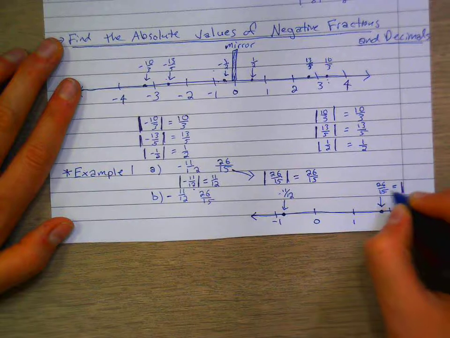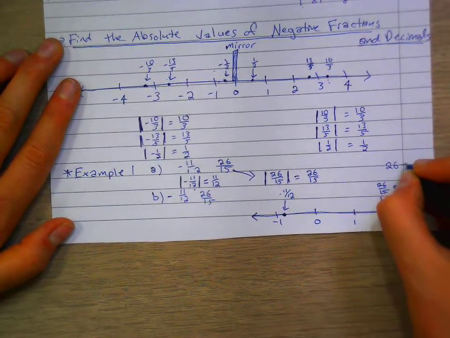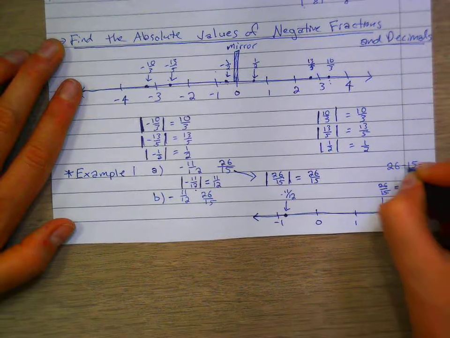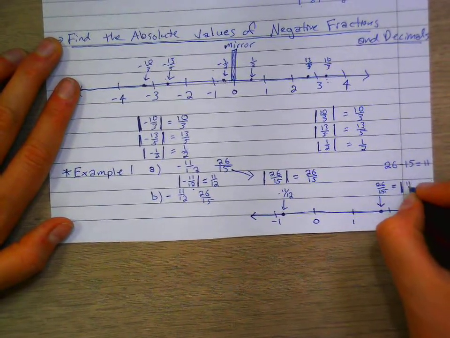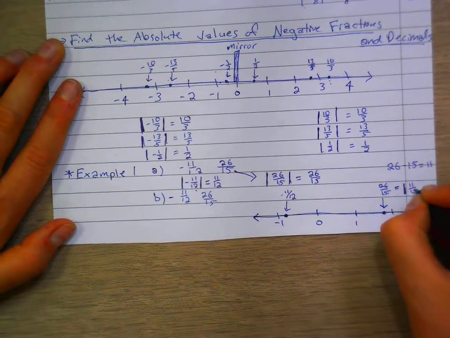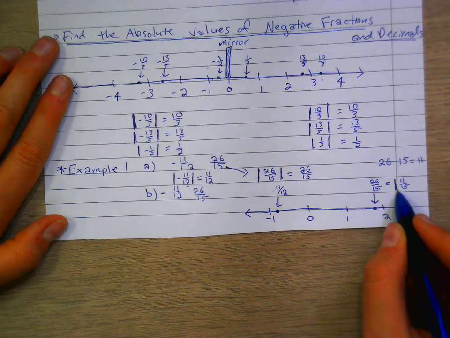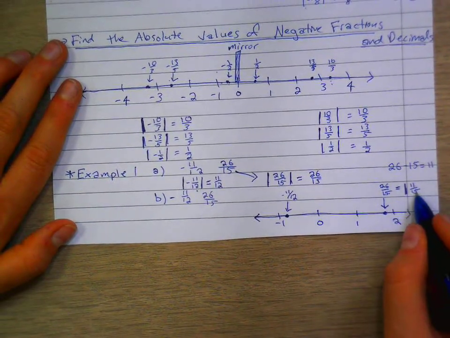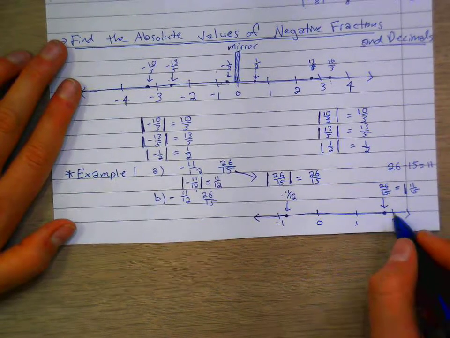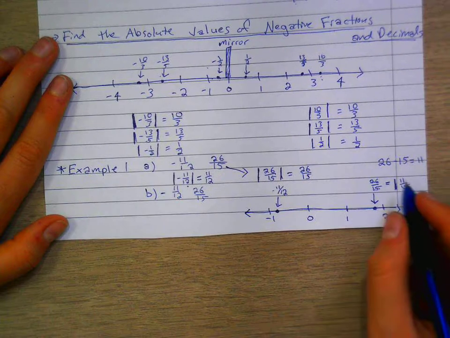And then if you subtract that from 26, you get 11. So it equals 1 and 11 fifteenths. Now I can see that it is past the 1 as a mixed fraction, and we have 11 over 15, which is not quite 2, but it's closer to 2 than to 1, because it's more than halfway through. So I put this here, and I labeled them on a number line.